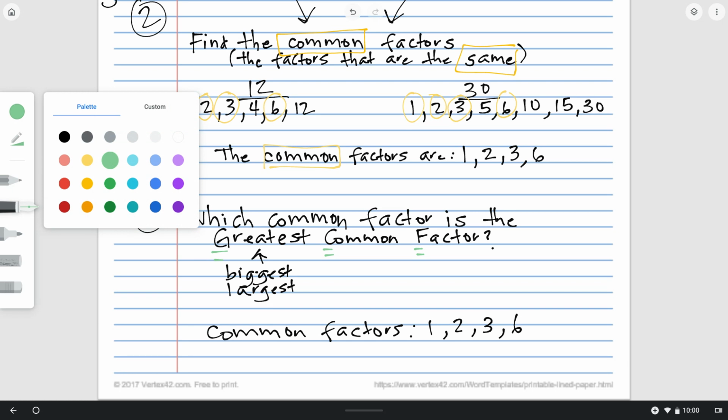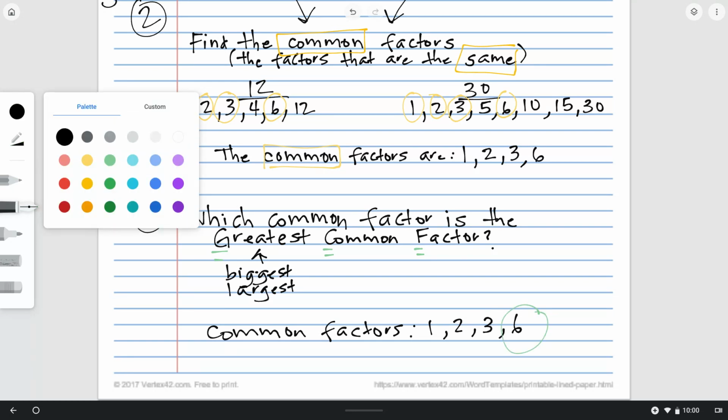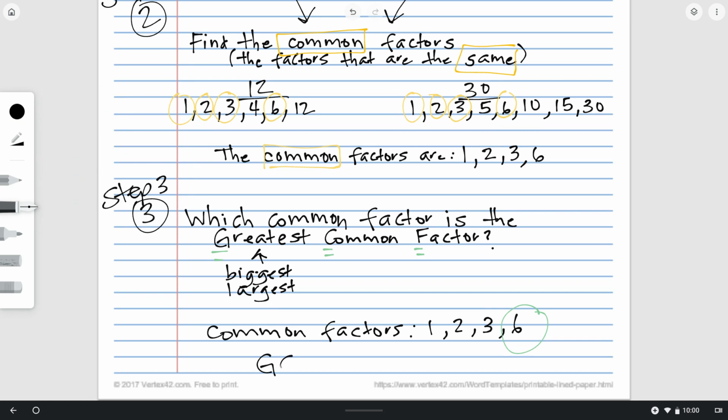Which one is the greatest? You got it. Out of these 4 numbers, 6 is the greatest. So we can say that the GCF, the greatest common factor, is 6. Okay, maybe instead of equals, I'll put the word is. I'm writing GCF just because it's a shortened word form of it.